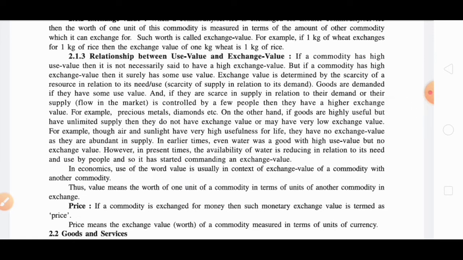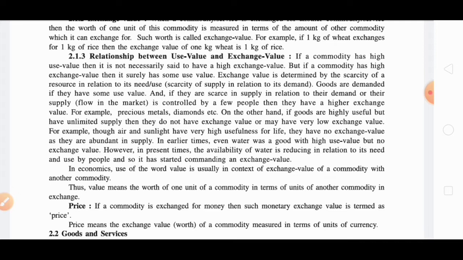Goods are demanded if they have some use value, which we have already discussed. If the goods don't have any kind of use value, then they are never demanded. And if they are scarce in supply in relation to their demand, or their supply flow in the market is controlled by a few people, then they have a higher exchange value. For example, precious metals, diamonds, etc. So it continues from the third line itself.